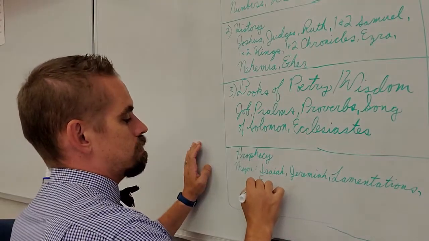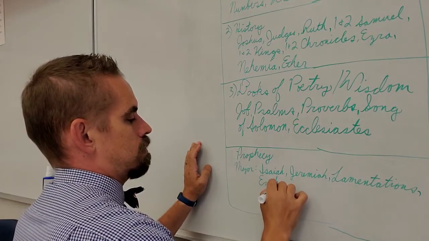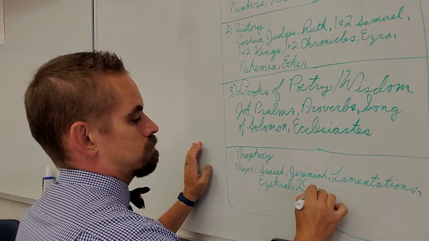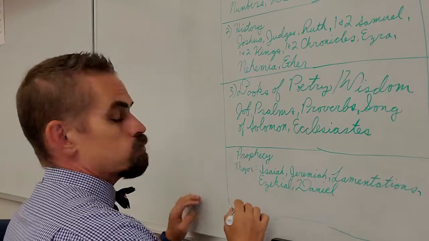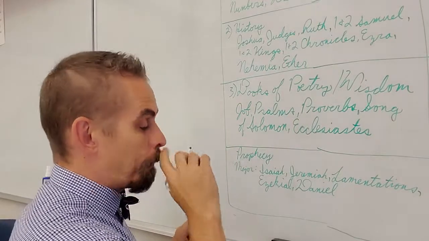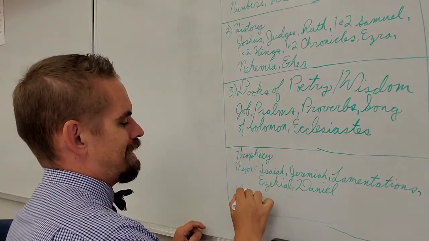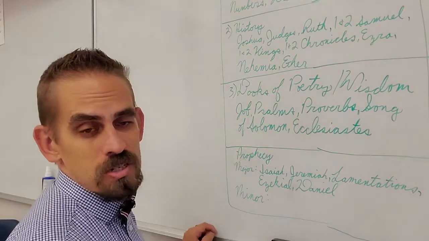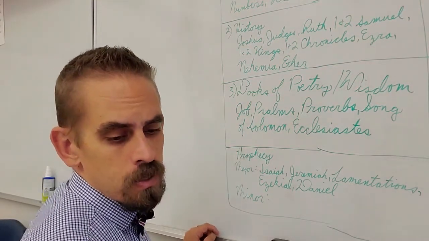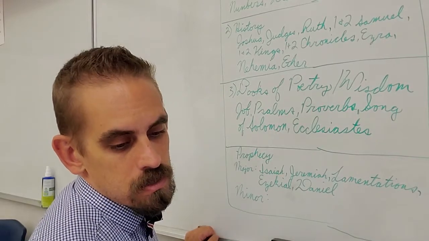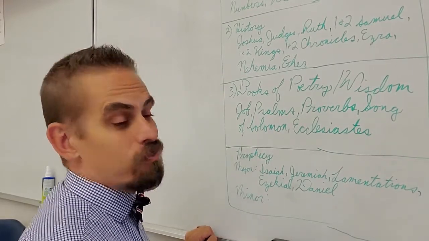Then Ezekiel and Daniel. Now those were called the major ones. Got some other ones that we call minor. It's not that they're less important, it's just the fact that their books are shorter. So, minor prophets. Now there's more of these guys, and they're the guys that have the fun names.